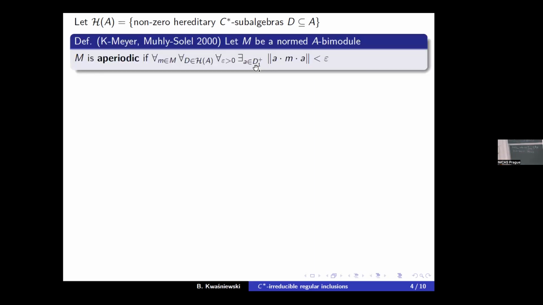And then this aperiodicity can be defined for normed bimodules. So we say that a normed bimodule, so we have a space with a norm and A acts from the left and from the right on this, is aperiodic if this condition holds. So what does it say?